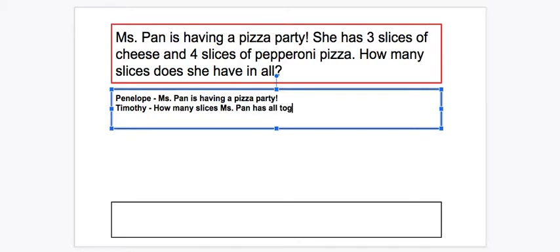Or let's use the words from the problem: in all. Nice. Freya told me that the information we can use in the problem to help us figure out the answer is that she has 3 slices of cheese and 4 slices of pepperoni pizza.